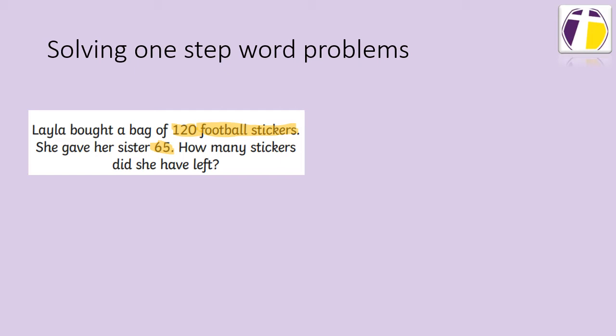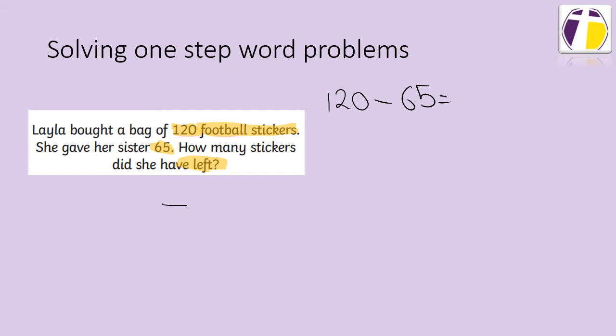So how many does she have left? That tells us that as part of this calculation we are going to be doing a subtraction. And the subtraction number sentence is going to be 120 minus 65. And then I will use my formal method to help work out the answer to this question.